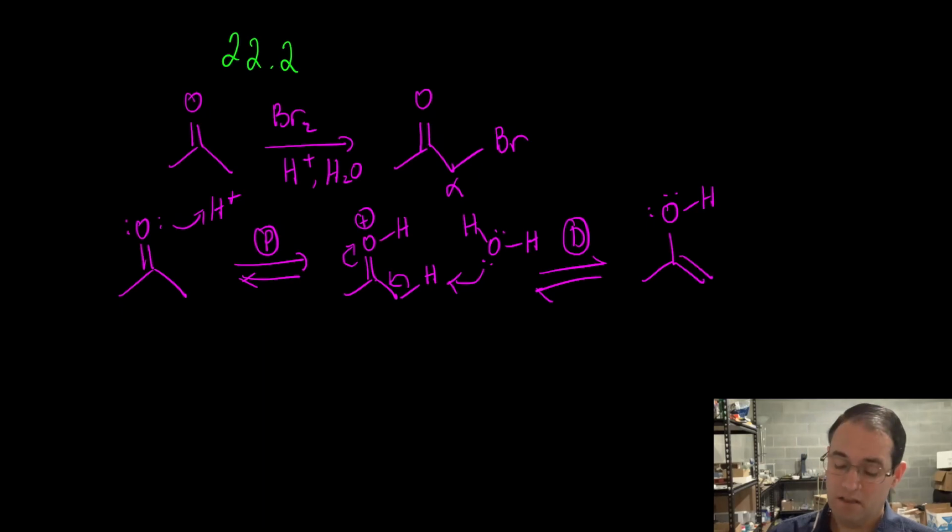Now recall again that the equilibrium between a ketone and an enol strongly favors the keto form or the keto tautomer. But if you have 0.1% of this enol present, that very rapidly reacts with bromine, okay? Bromine is a great electrophile, and the enol is a carbon-centered nucleophile.